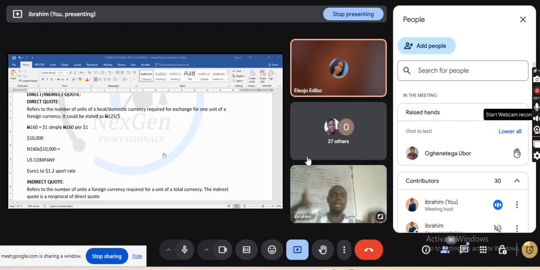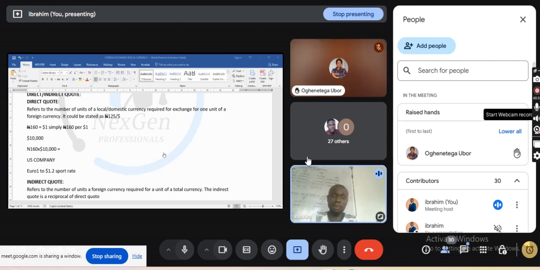You already established that it is a German company first. Establish where the company is, then look at the spot rate. How does it arrange? Is the German spot rate coming first or last?